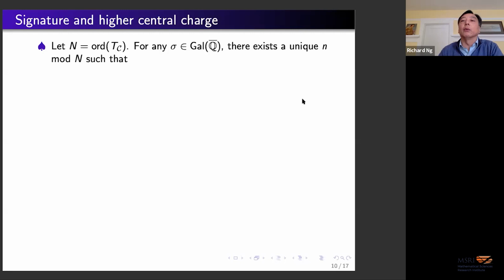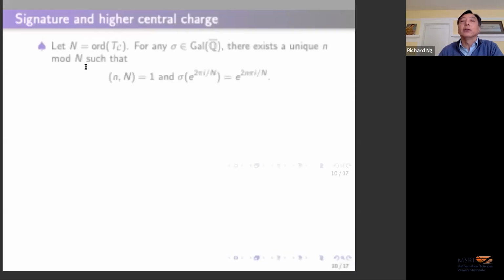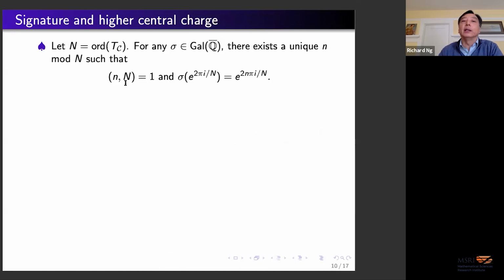Then there will be a unique little n modulo big N, such that little n is relatively prime to big N, and sigma will send the n-th root of unity to its little n-th power.